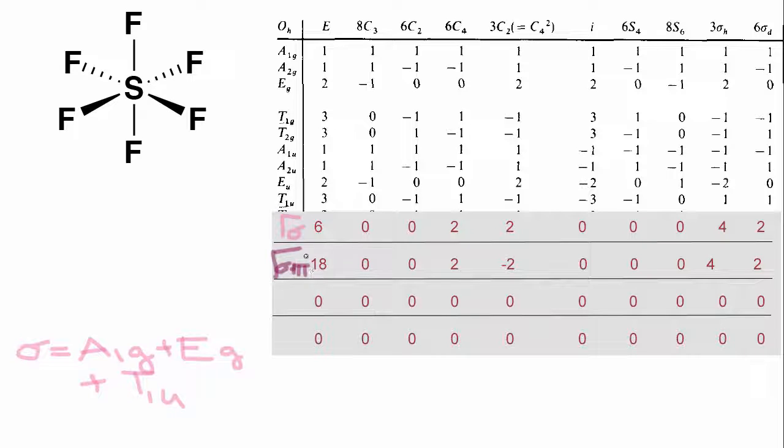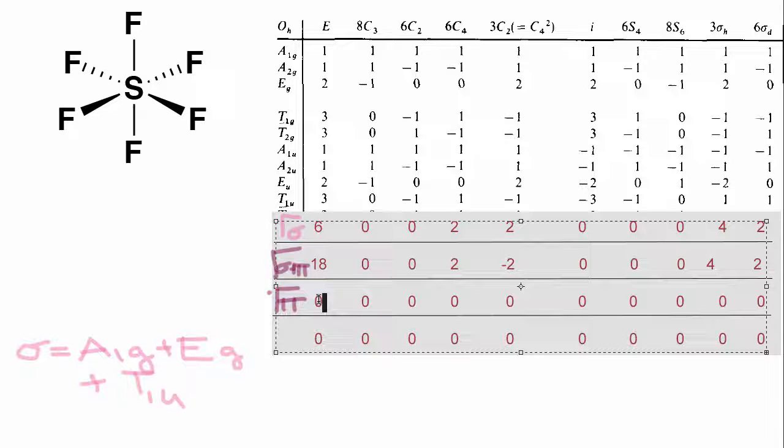And so to only get out the pi bond irreducible representation in this case, all we have to do is subtract out the sigma irreducible representations that we already know. And so if we do that, what we will then get is the pi reducible representation.